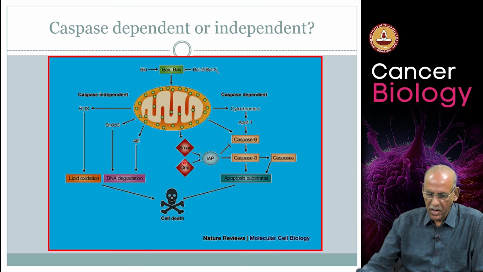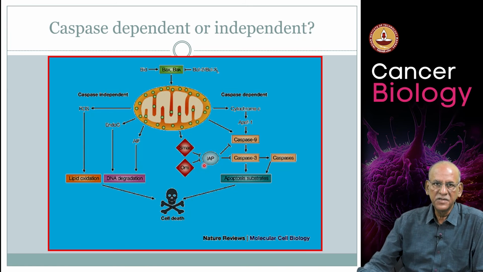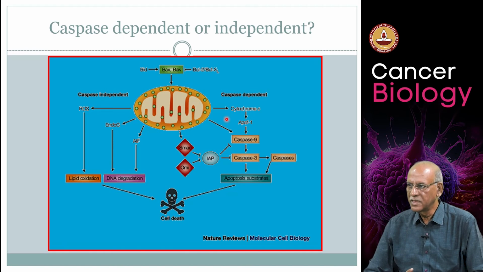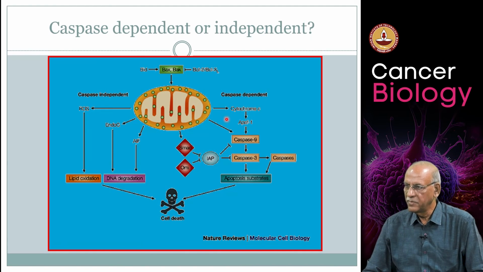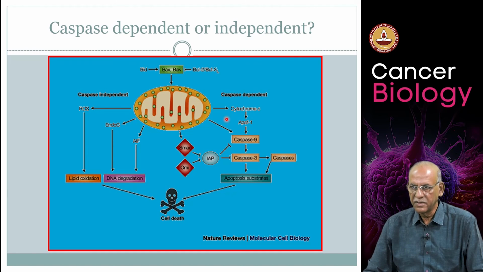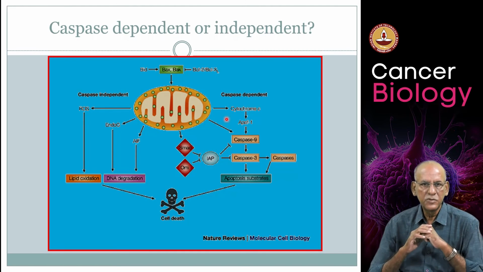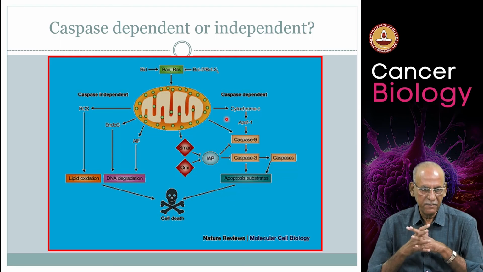What they do is inhibit what are called inhibitors of apoptosis proteins. I have repeatedly mentioned that if you have an inducer, there will be an inhibitor. If you have an activator, there will be an inhibitor. So, every time there is a pair of molecules which act in an opposing manner.